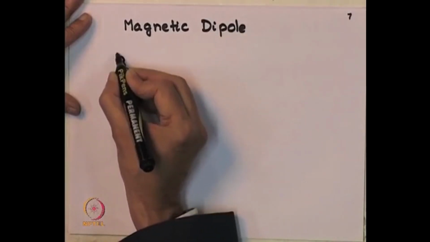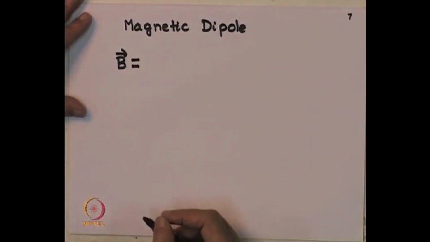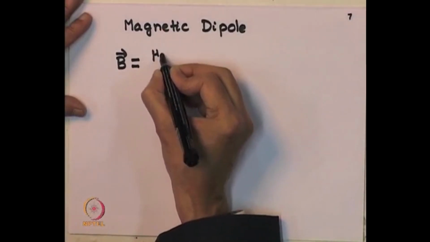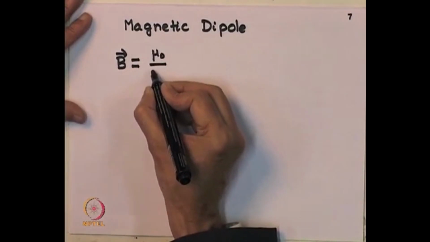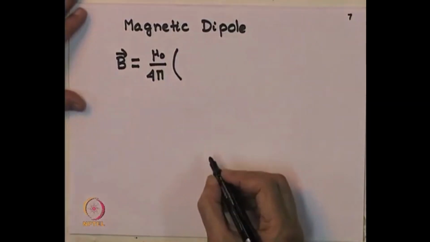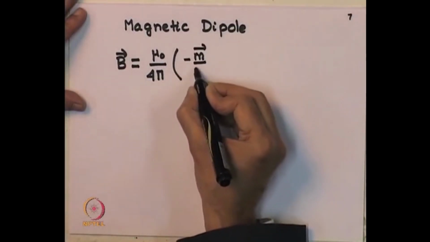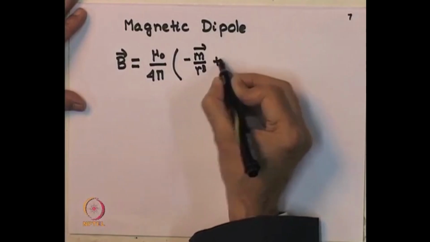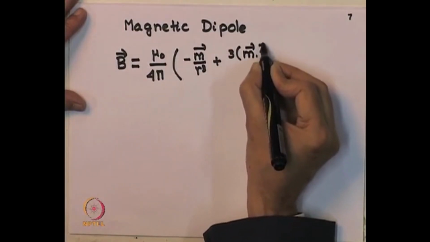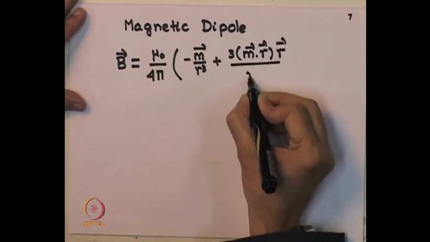The magnetic field corresponding to a circular current carrying loop, in the coordinate free representation, was written in one of the earlier lectures to be mu 0 by 4 pi times minus m by r cube plus 3 m dot r times r divided by r to the power 5.